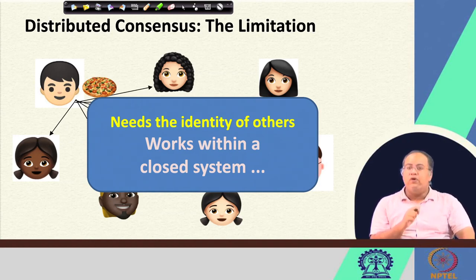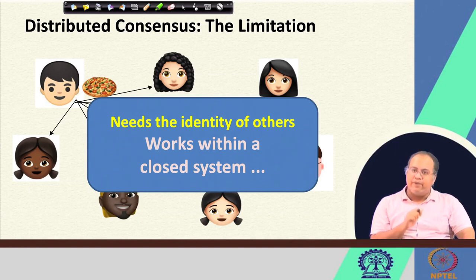When you know who the participants in the network are and you want to reach a consensus among those participants, only then can you use a classical distributed consensus mechanism, like the ones we discussed in our earlier class. In contrast, here I have an open network.